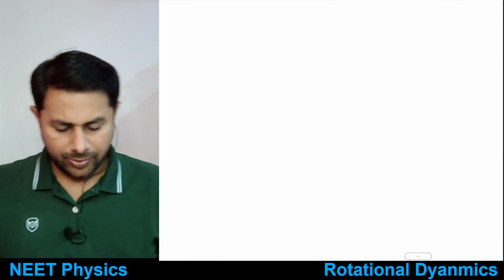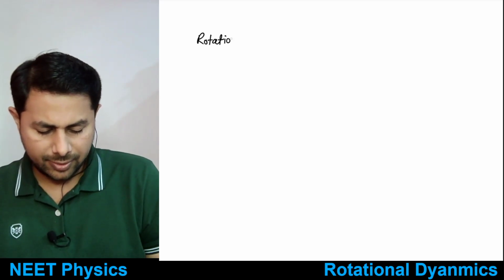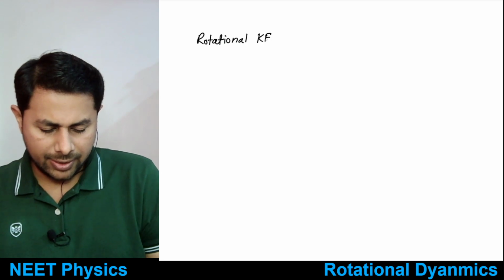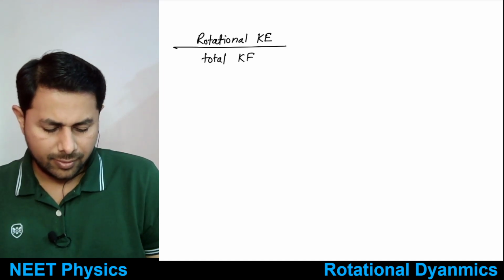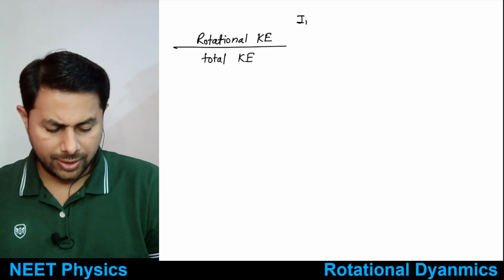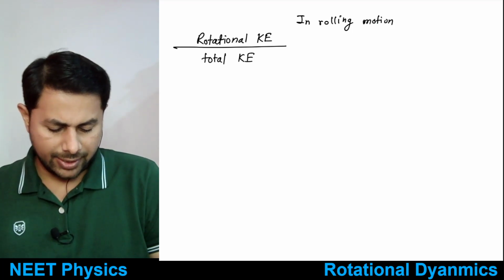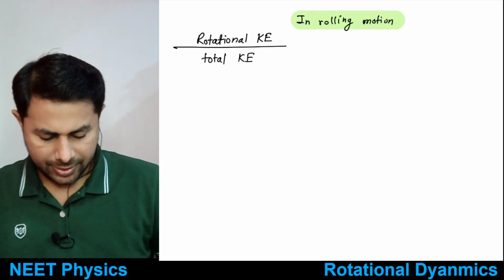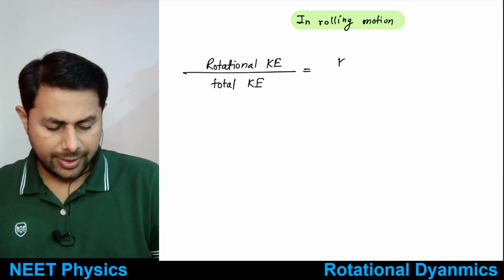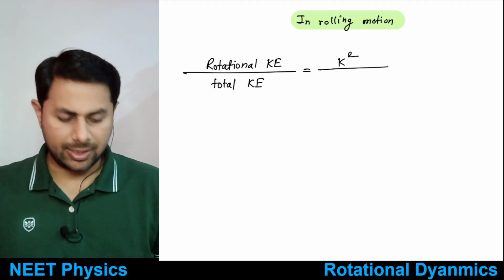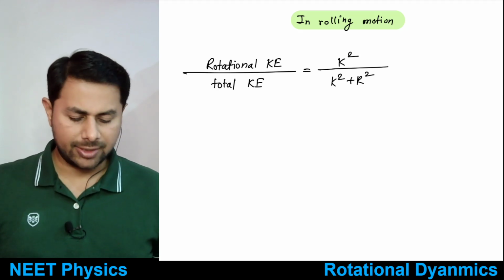That the ratio of rotational kinetic energy to total kinetic energy in rolling motion, rotational kinetic energy divided by total kinetic energy, is equal to k square divided by k square plus r square. So we just found this, k square divided by k square plus r square.